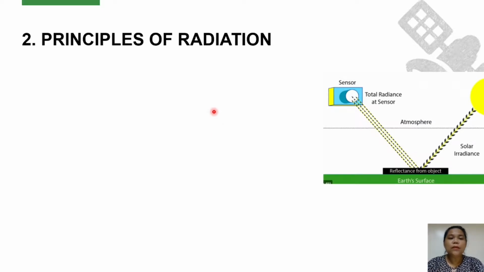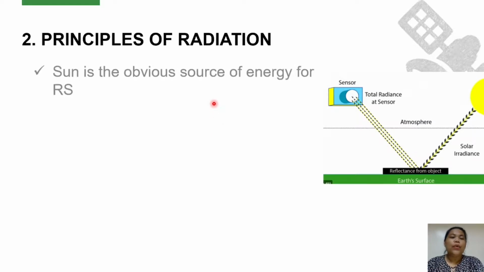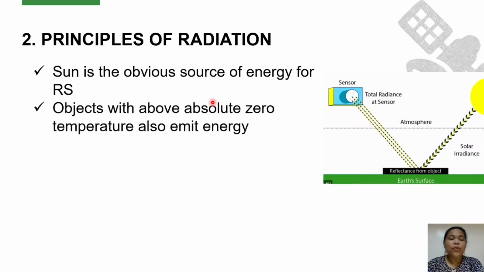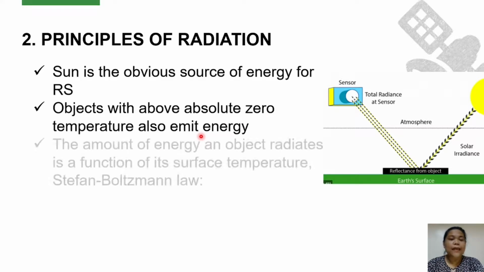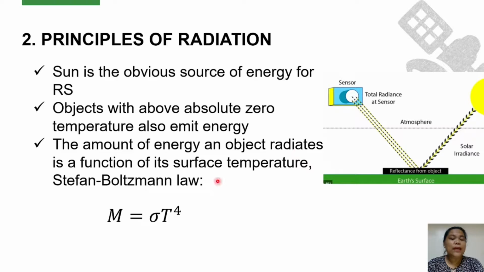Principles of radiation. We have the sun as a source of energy for remote sensing systems. However, we also know that objects that have a temperature above 0 Kelvin also emit energy, and that amount of energy is related to the surface temperature.